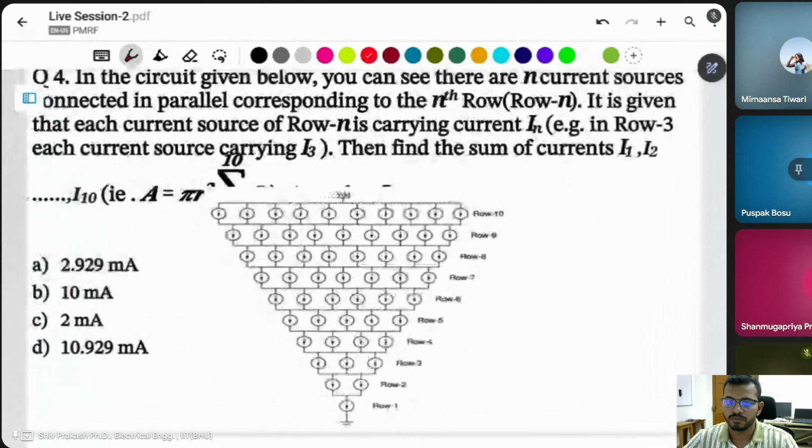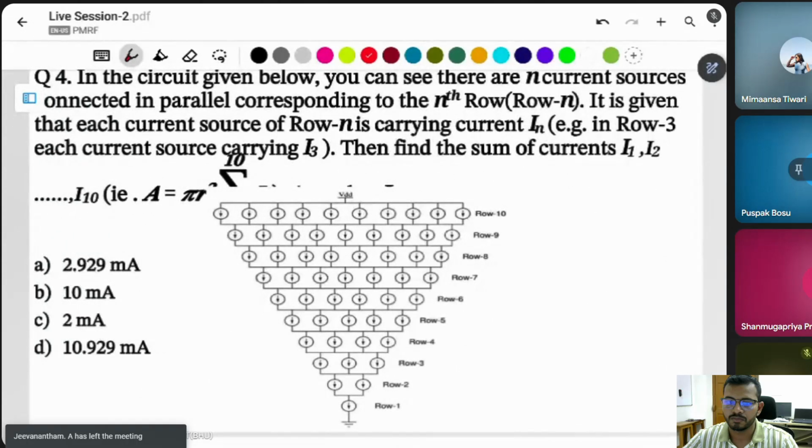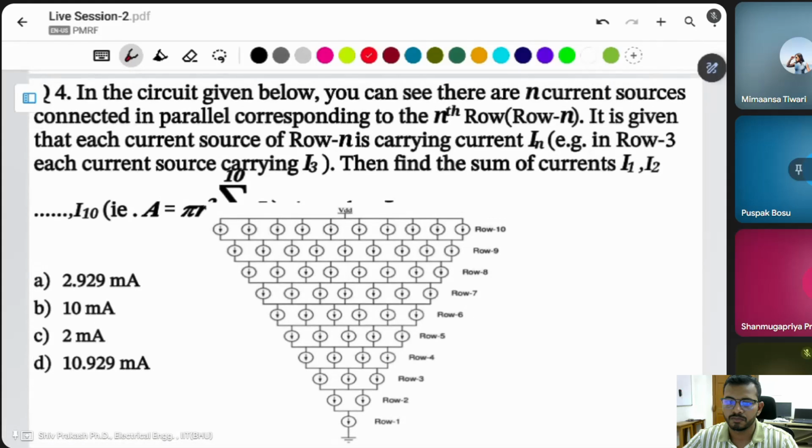This is the next question. Some part of this question is missing from here to here.